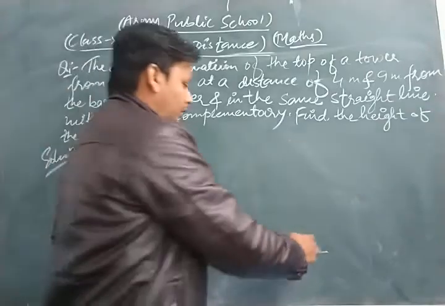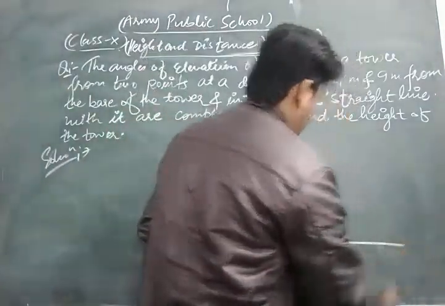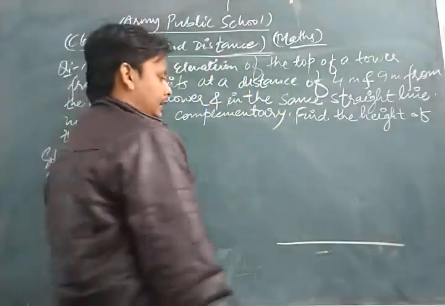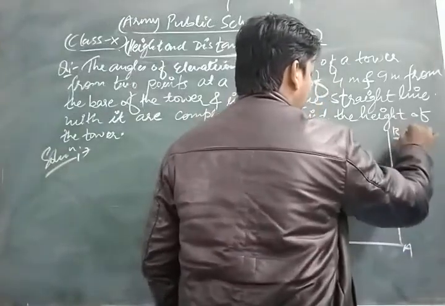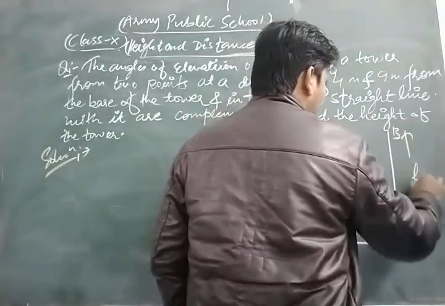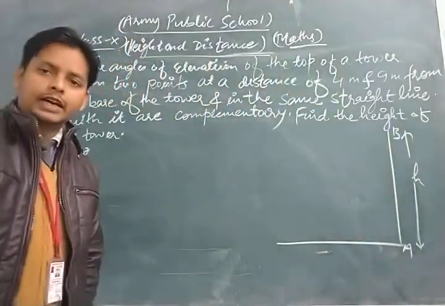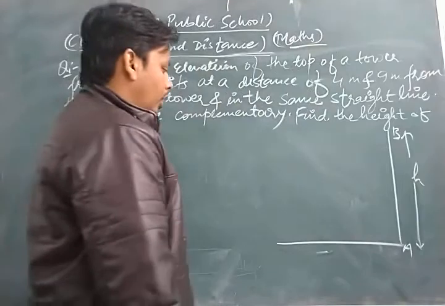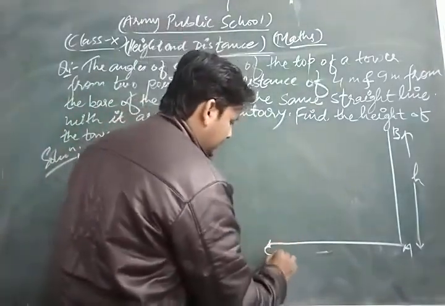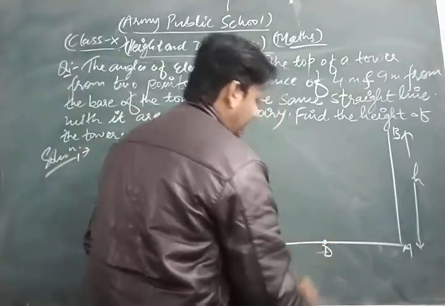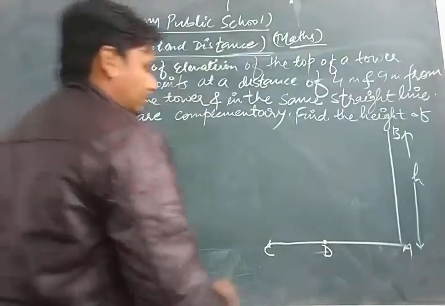So dear students, first of all we draw a horizontal surface and let us say AB is the height of the tower, and let the height of the tower be h meter. Now let us take two points C and D which are at a distance of 9 meter and 4 meter respectively.